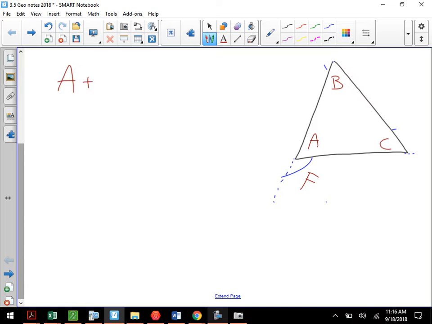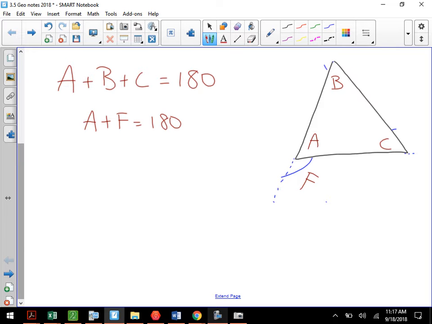We know that A plus B plus C has to equal how much? 180. What else do I know has to add up to 180? A and F. Now, do those two equations equal the same numerical value? Yeah. You guys ever hear of substitution? When something equals something, you put it in for something else.